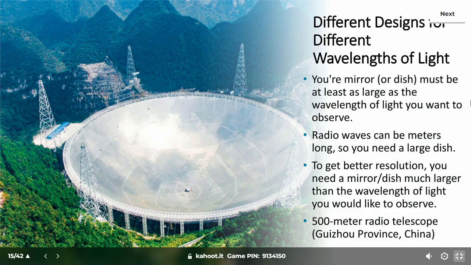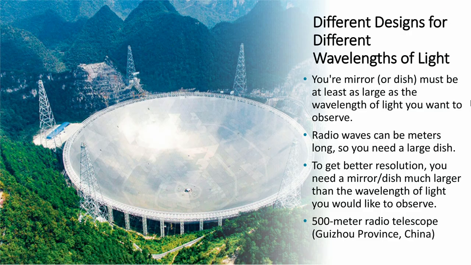Those are mainly designs for optical telescopes, so things like visible wavelength light, a little bit of infrared light, and some ultraviolet light. But when you want to look at other wavelengths, you need to use other kinds of technology.